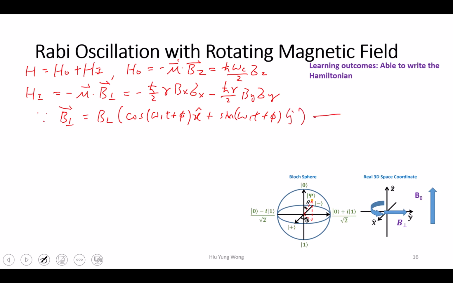So maybe I should give this to you first. The magnetic field has a constant amplitude, B vertical. But the x component is cosine omega 1t, and the y component is sine of omega 1t. Basically, it's rotating, right?